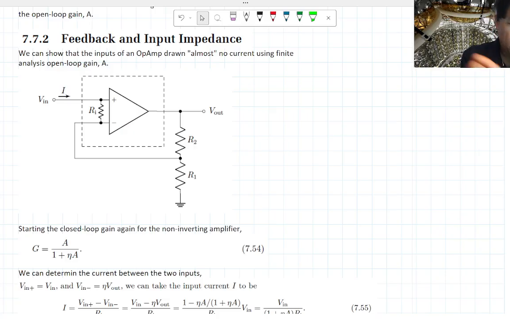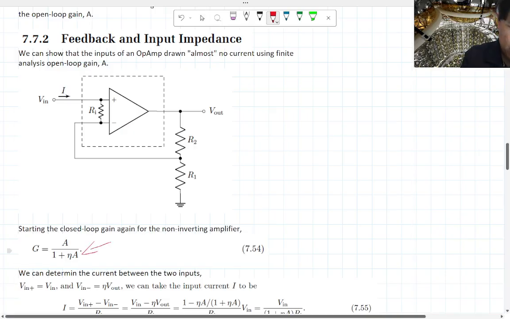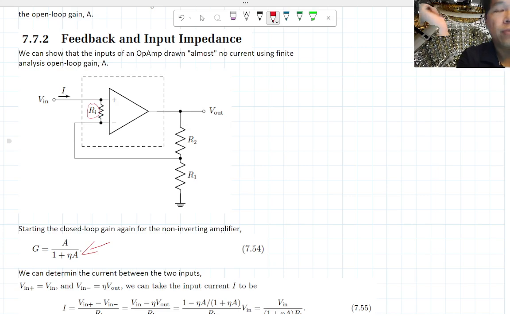Once again, we're going to start with the closed loop gain. We're going to analyze this circuit, the non-inverting amplifier. But what we're going to do is model the internals, the thing around this dashed line, which is actually inside the operational amplifier. We're going to model it even though there isn't actually a resistor like that inside the op amp.